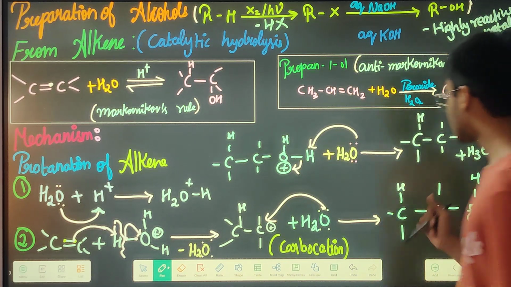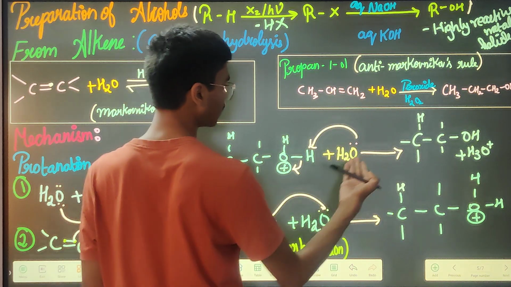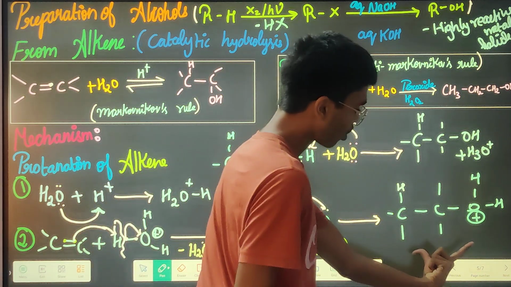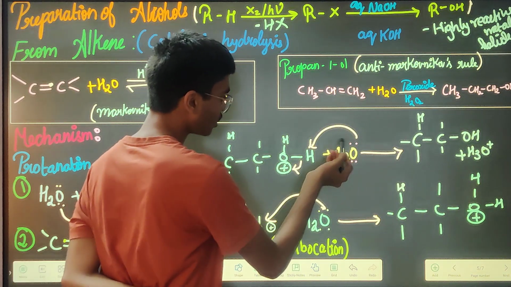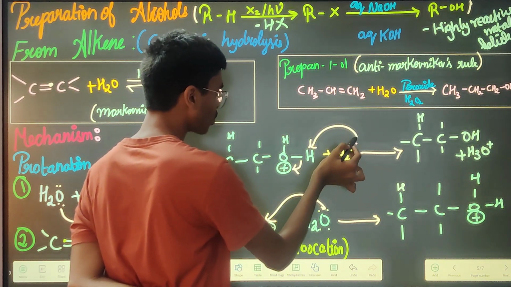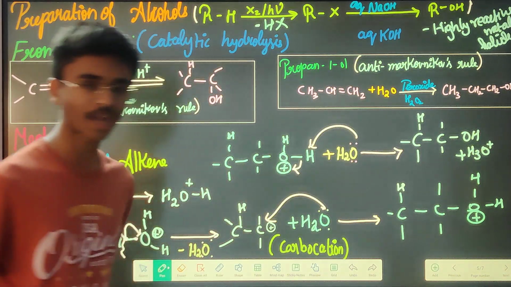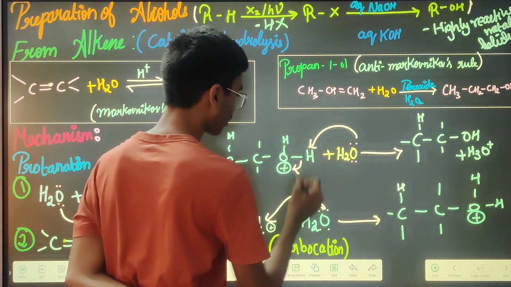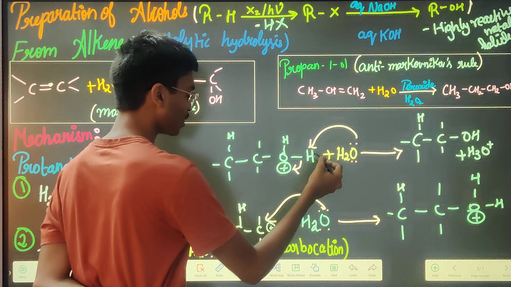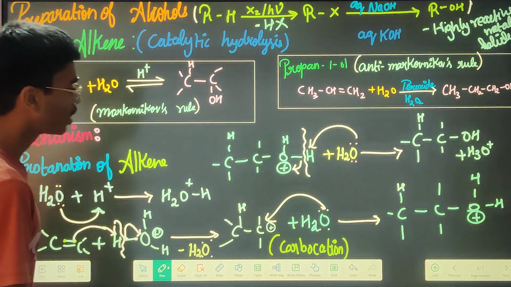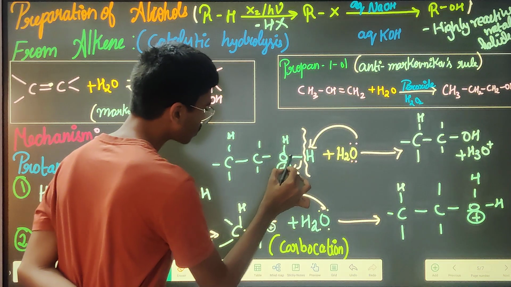Now another H2O will react with this particular compound. It has an electron, so that electron will go and try to attack this positive charge, but you can see there is an obstacle, which is the hydrogen. So it will attack this hydrogen, and since this hydrogen is attacked by this electron, it will just run. Now you have one electron here and one here.